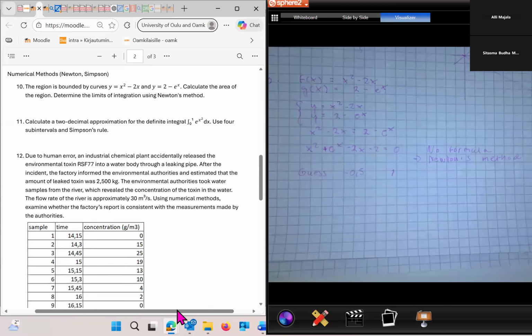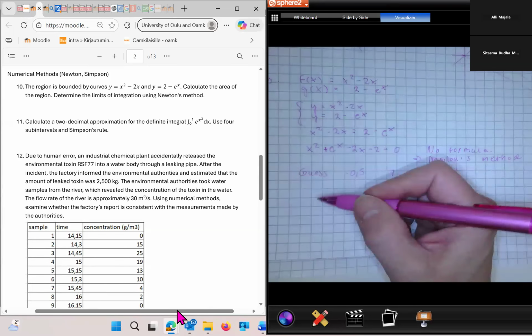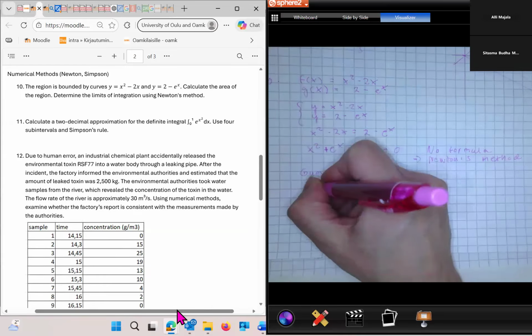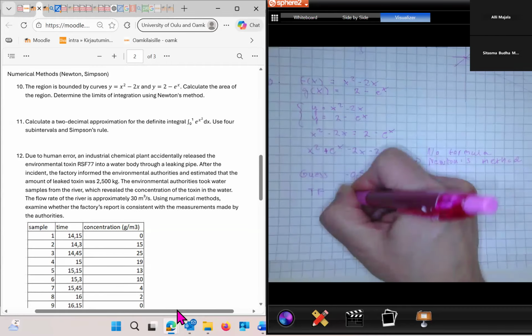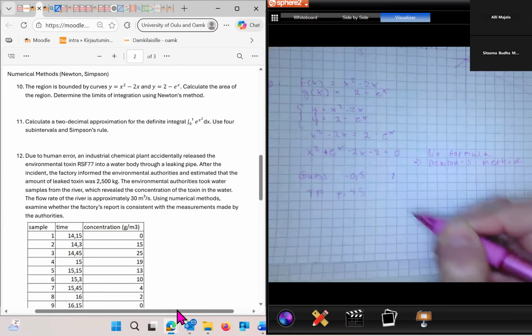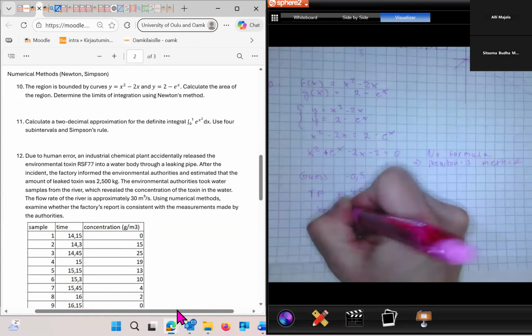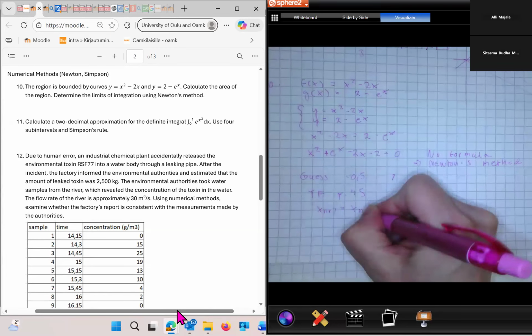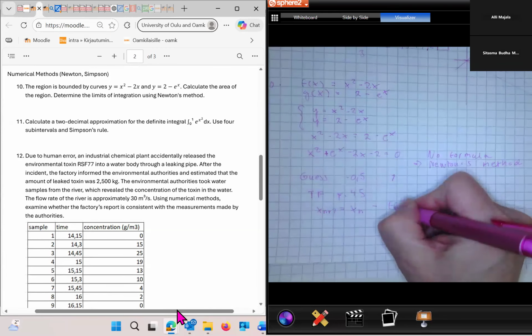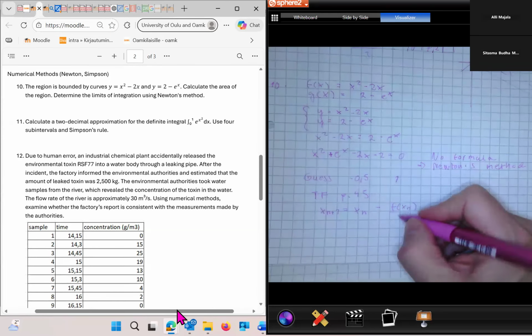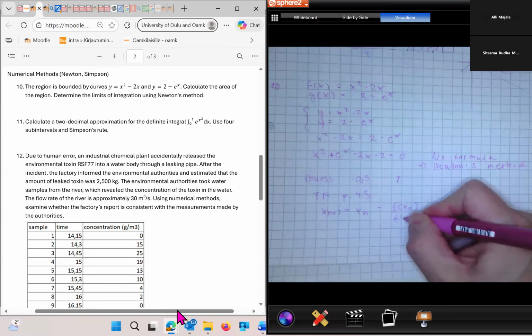And Newton's formula I found. It's from the technical formulas page 45, and it is x(n+1) is x(n) minus f(x(n)) divided by the derivative.